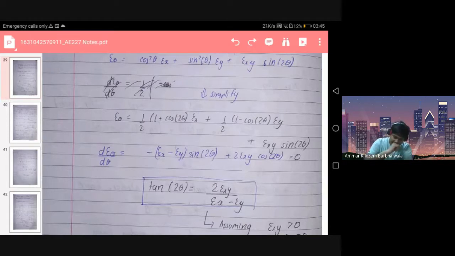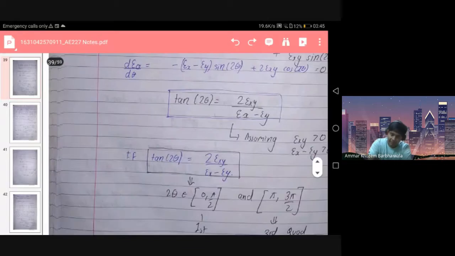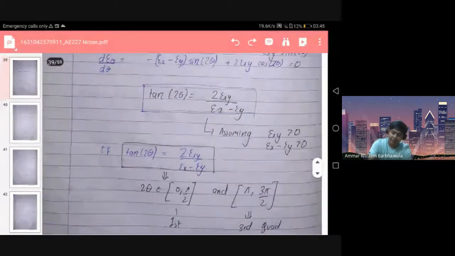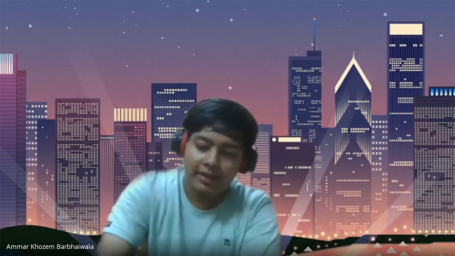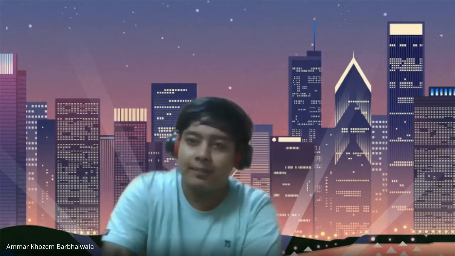Consider that epsilon xy is greater than 0, and epsilon x minus epsilon y is also greater than 0, all positive. In that case, we observe that the second derivative condition holds when we take theta equals theta naught from 0 to pi by 2.